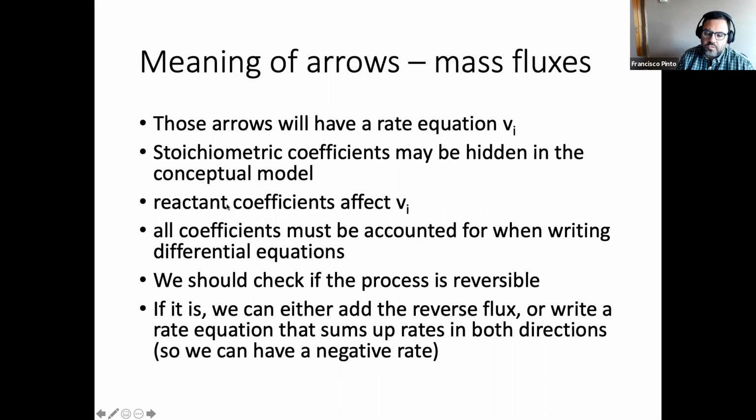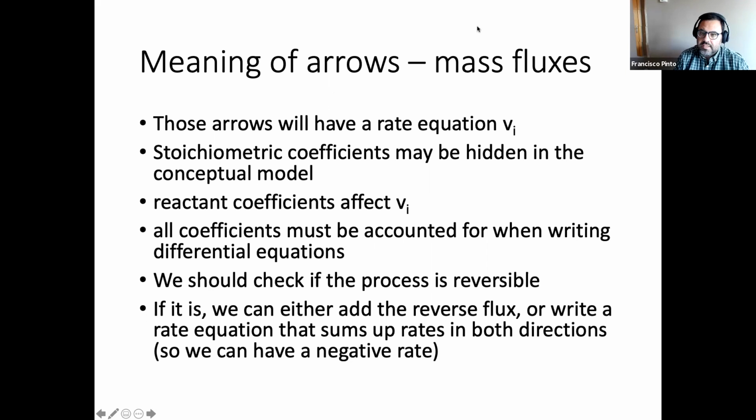The reactant stoichiometric coefficients will affect the expression for the rate value, and all the coefficients must be accounted when writing the differential equations. Also, sometimes in the conceptual model, the arrow is only represented in one direction, but the chemical process may be reversible.